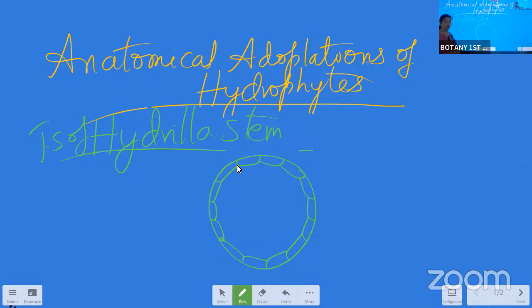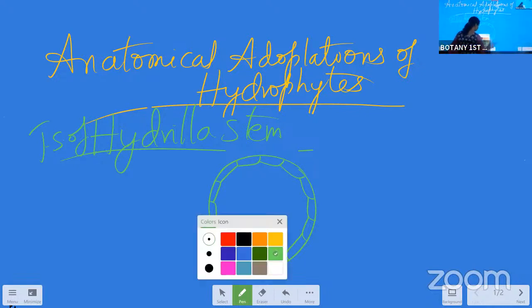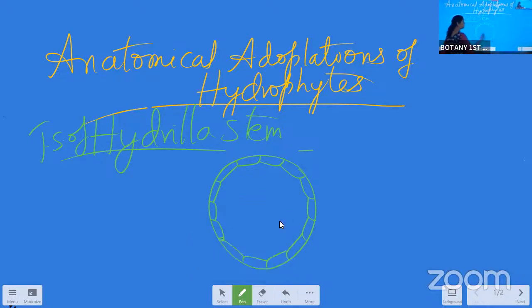Like this you can draw. Okay. Now I am taking the different colors because you need to understand the differences between the cells. Next one is the hypodermis. Hypodermis is also made up of simple parenchymatous thin walled cells placed without intercellular spaces.